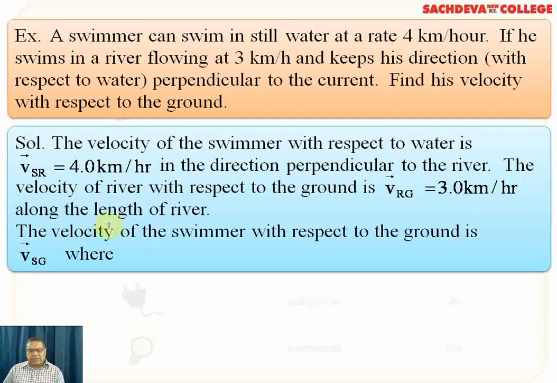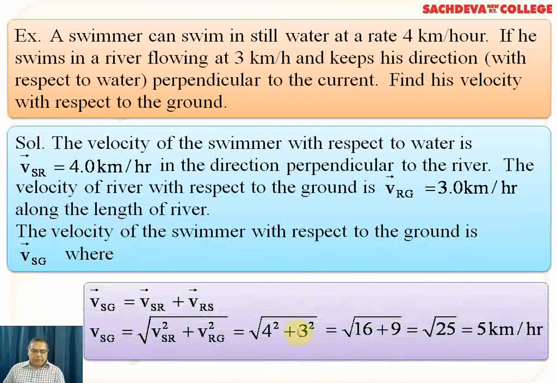The velocity of the swimmer with respect to ground is indicated by VSG. Now we can find that VSG is equal to VSR plus VRS. VSR means velocity of swimmer with respect to river, and VRS means velocity of river with respect to swimmer.